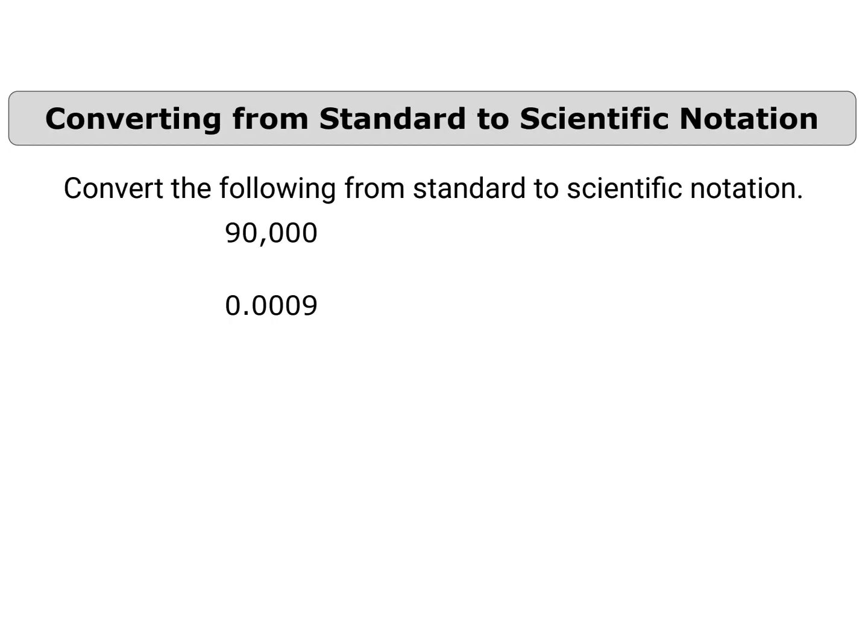So again, if we were to have these two values, 90,000 and 0.0009, and we were asked to convert them from standard to scientific notation, for the 90,000, I would have my decimal place here. I'm going to move 1, 2, 3, 4 places to the left, so I'll have 9, and then every place I move to the left, I'm going to increase my exponent by 1.